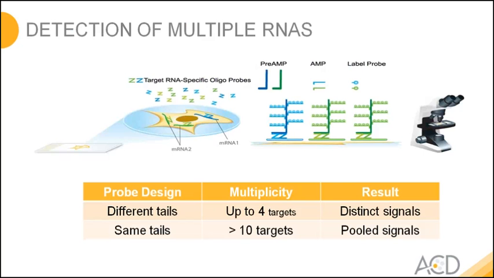So we can look at up to 4 targets simultaneously, and in this example here there is 1 copy of RNA of a certain transcript shown in blue, and then you design probes that bind specifically to this blue one, and they load the blue amplifier. And on the right-hand side, you have a green transcript, and that is loaded with another probe, and you have another amplification system that shows up in a different color, so you can look at both simultaneously.